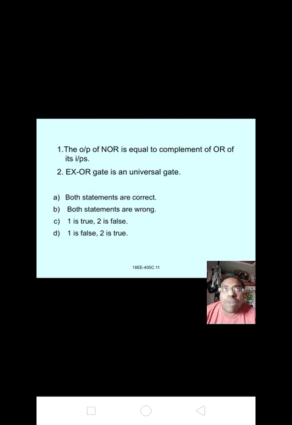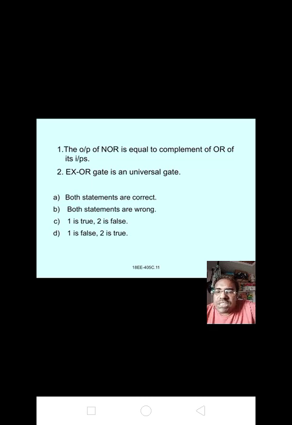Next: 1, the output of a NOR gate is equal to the complement of the OR of its inputs. 2, the XOR gate is a universal gate. Options: A, both the statements are correct.